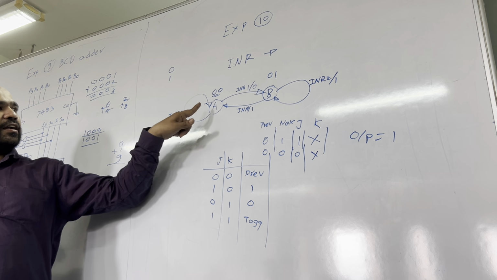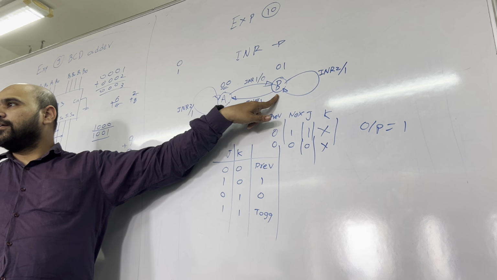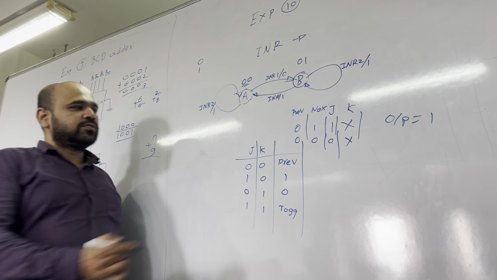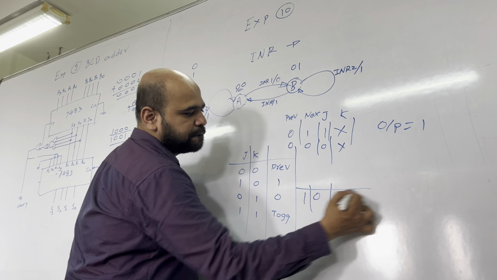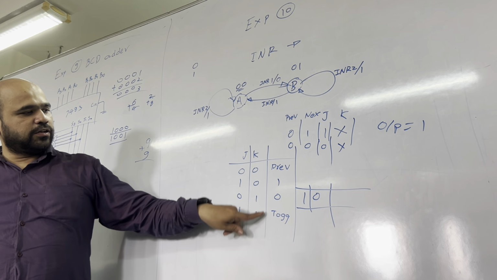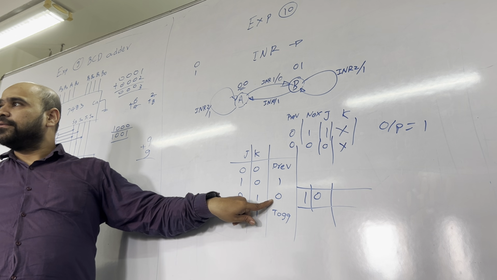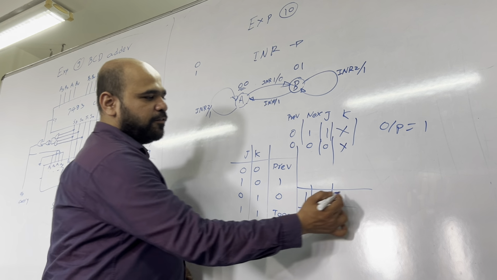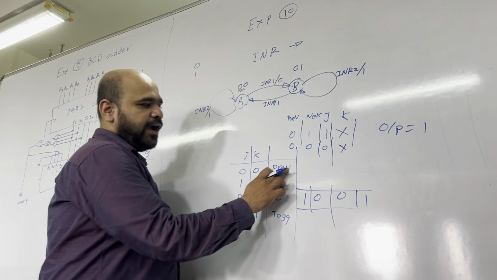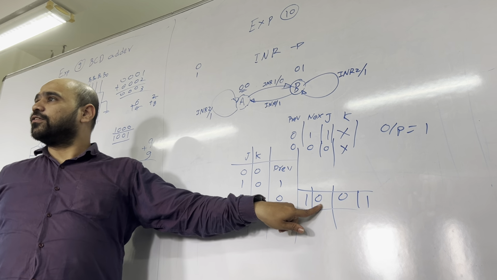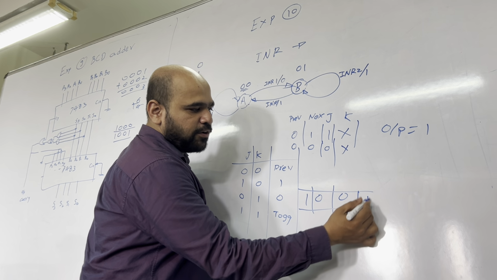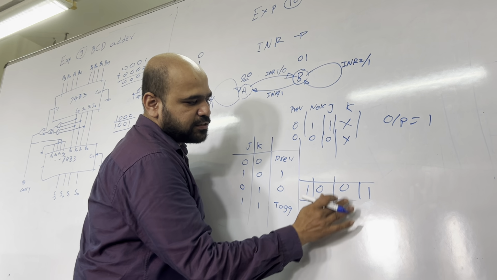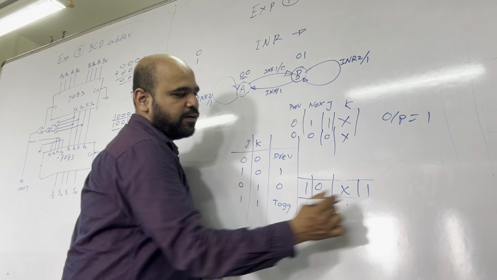Next, if previous state is 1, that is you are in B. Next state is 0. So you have to go from 1 to 0. Look in this table how 0 is achieved, it happens here. So 0 cross 1 could be one valid state, and you are toggling from 1 to 0. So 1, 1 is another valid state. So 1, 1 is one common, and this is toggling. So I will say don't care 1.